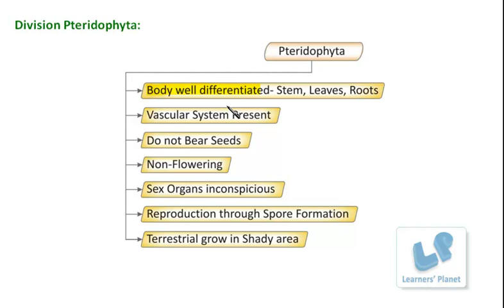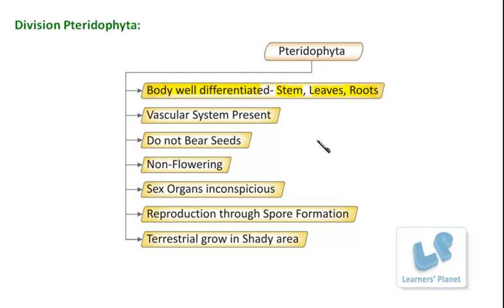They show the organ level of organization. In this case the body is well differentiated. The organized parts are stem, leaves and roots. So here the plant body has all these parts in a well developed form, right?